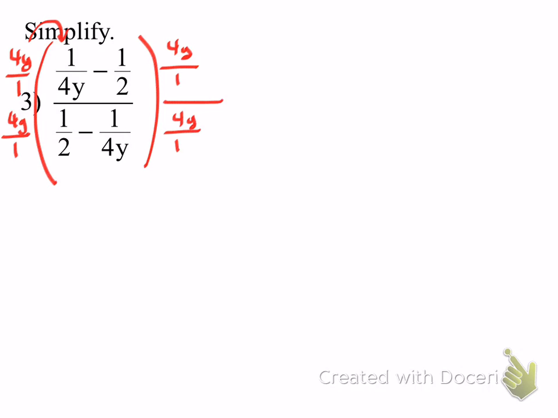After you distribute, you basically cross out 4y, so you're left with 1. Good. The next one. And then the next one, you cross out a 2, that would equal 1, and then that would equal 2y. Okay, and what's left? Minus 2y. Good. All over.